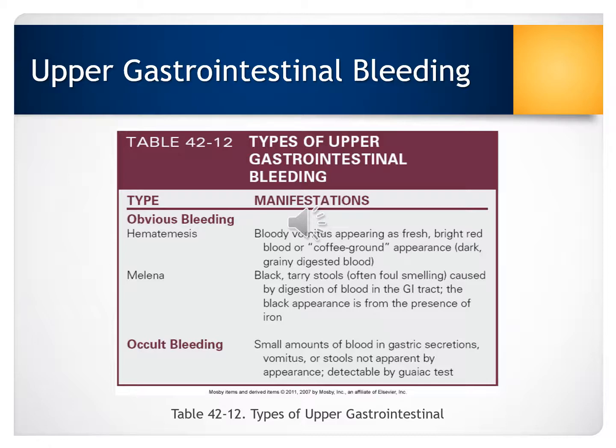The longer the passage of blood through the intestines, the darker the stool color. This happens because of the breakdown of hemoglobin and the release of iron. There can also be occult bleeding, which means that there are very small amounts of blood in the gastric secretions. Typically these are not visible to the eye, but can be detected by a guaiac test.